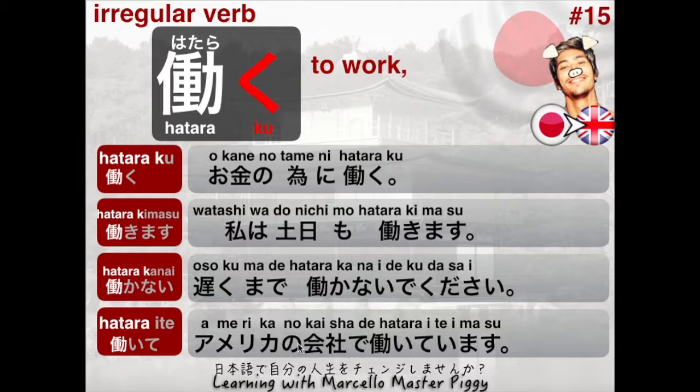America no means from America, or American in this case. Kaisha means company, and hataraite imasu is the te imasu form. Te imasu means I am. It's the ing form. So I am working. I'm currently working for or at an American company. America no kaisha de hataraite imasu.